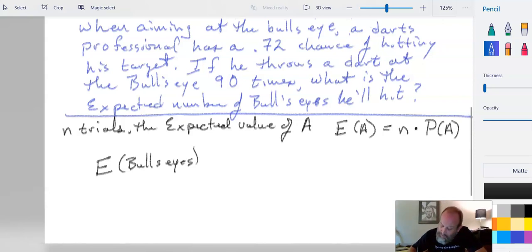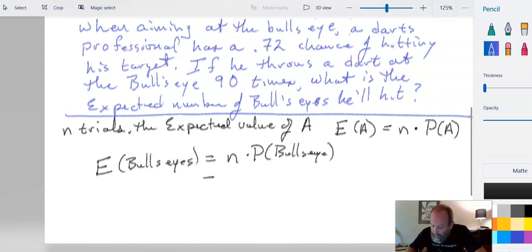So the expected number of bullseyes is going to be the number of trials times the probability of getting a bullseye on one trial. So from there, I know I have 90 trials, right? And the probability of a bullseye is 0.72.